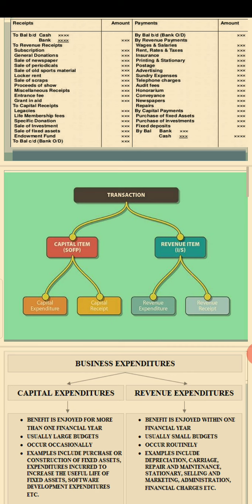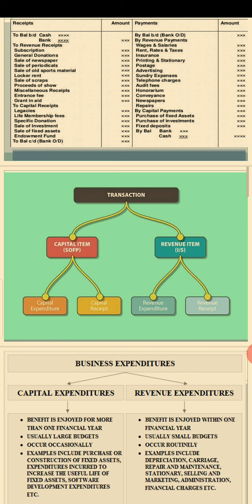So at first we are going to discuss capital natures. Capital nature means transactions which are not on a regular basis. It is also categorized into two parts: capital receipts and capital payments.